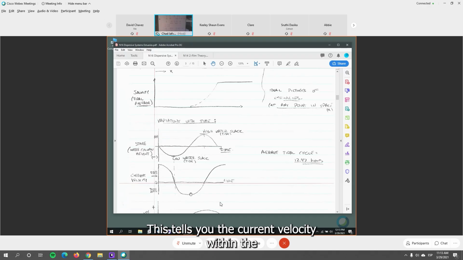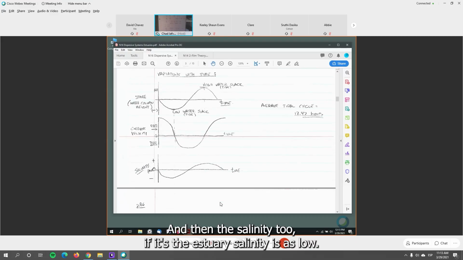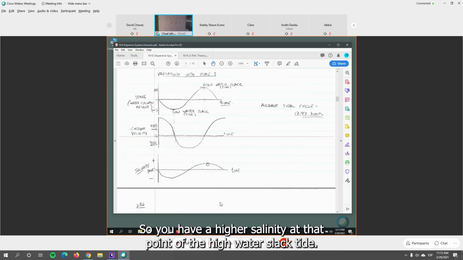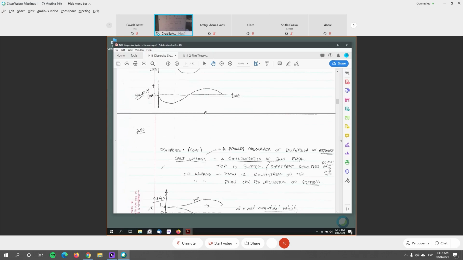This tells you the current velocity within the stream during the stage cycle. And then the salinity too. If it's the estuary, salinity is low, but over here at high water slack tide, the ocean comes up the most, so you have a higher salinity at that point of the high water slack tide. Okay?